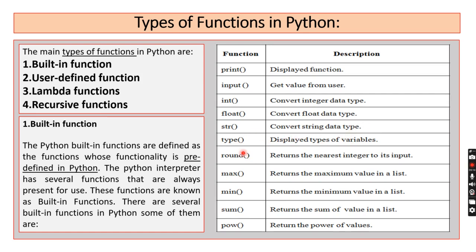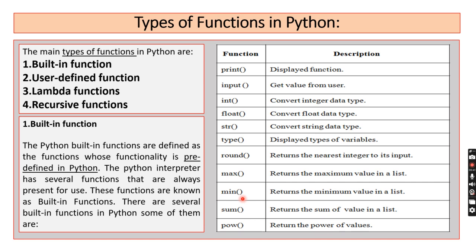Next, the type function. Type function displays what type of data a variable holds. Then round function. Round function returns the nearest integer to its input. Then max function returns the maximum value in the list.